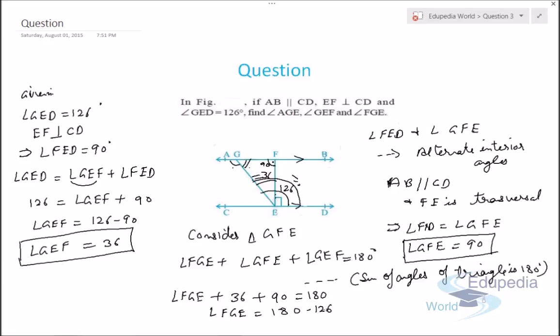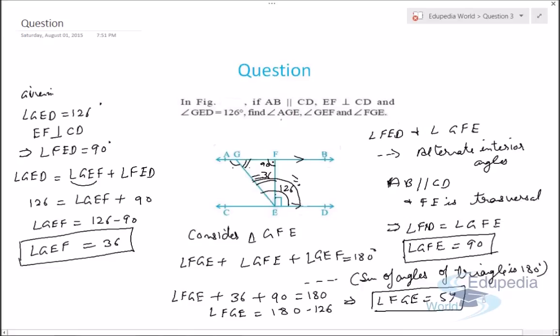So what we'll get is 180 minus 90 minus 36. So the answer will be 54. So this implies angle FGE is 54. So this is the value of angle FGE.